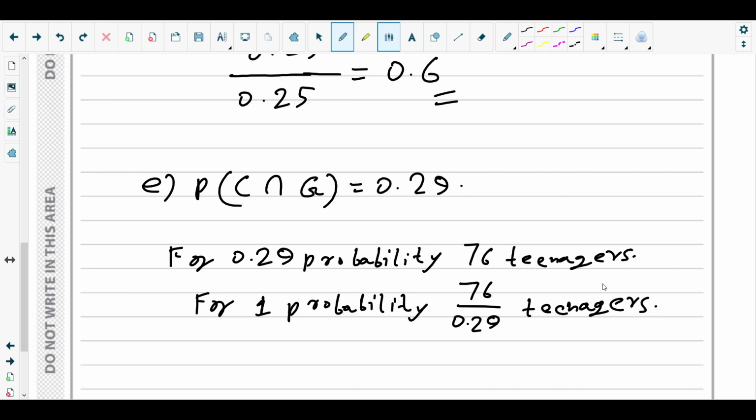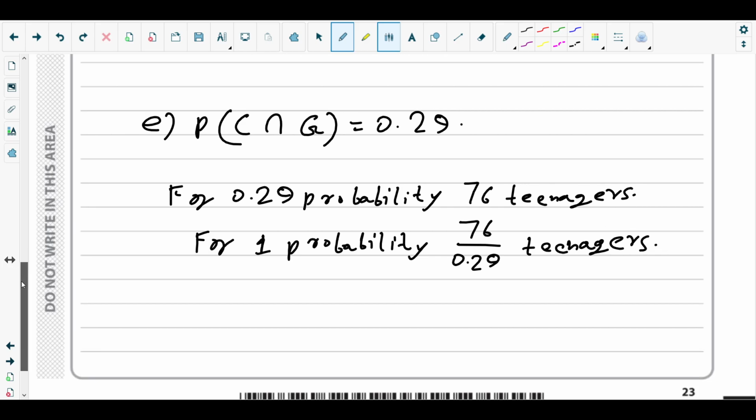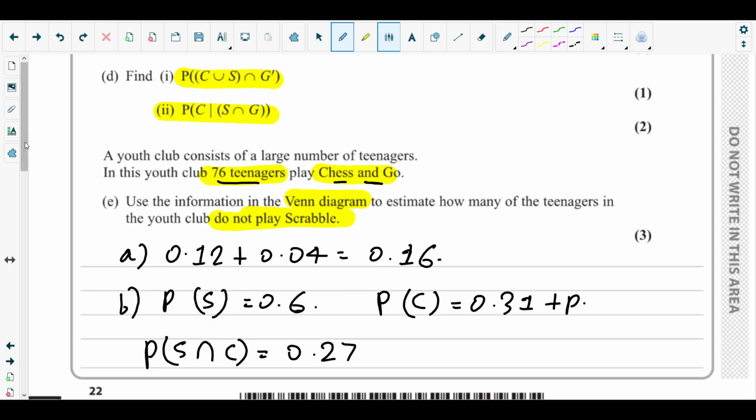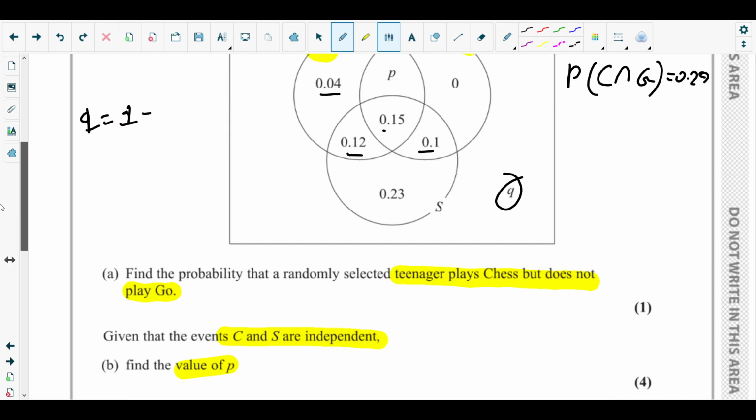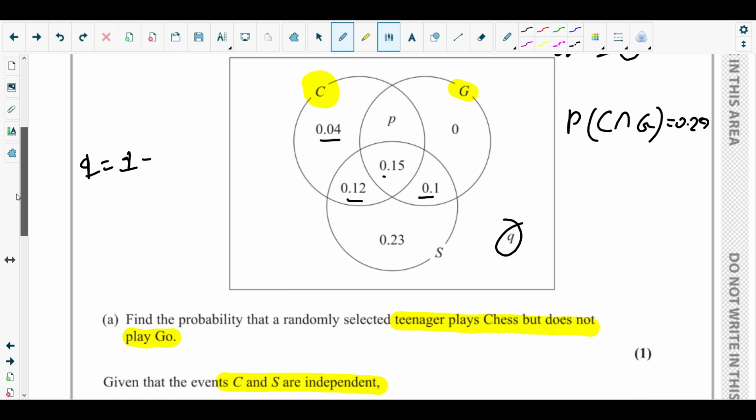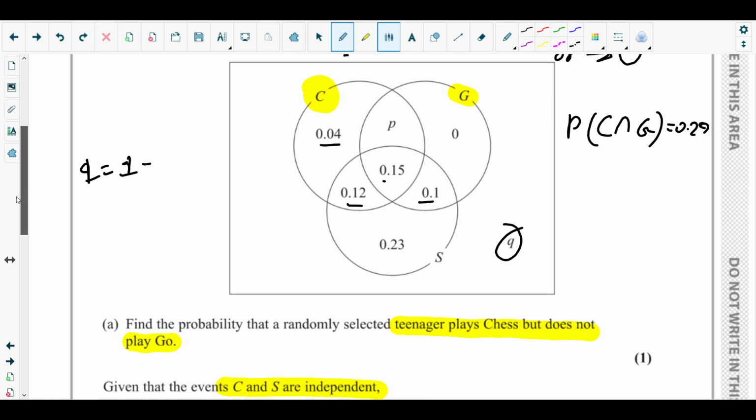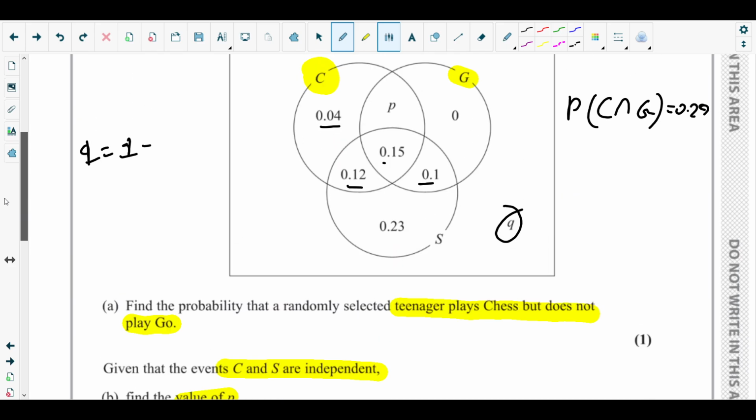For how many do we need it? They wanted the number of teenagers who do not play Scrabble.